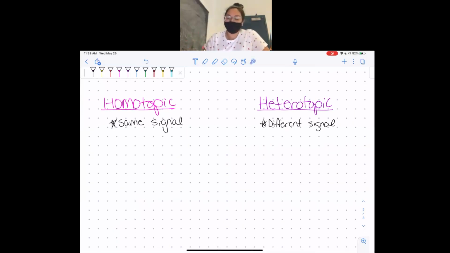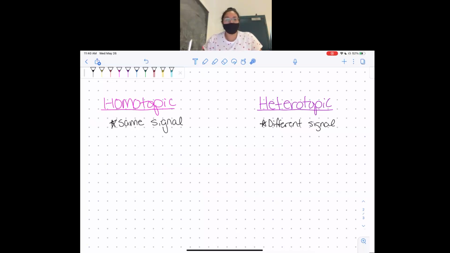Homotopic describes the relationship between any two hydrogens that are part of the same signal, whereas heterotopic defines the relationship of two hydrogens that are part of different signals.